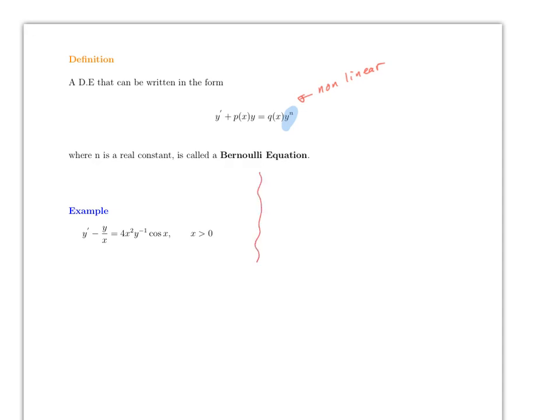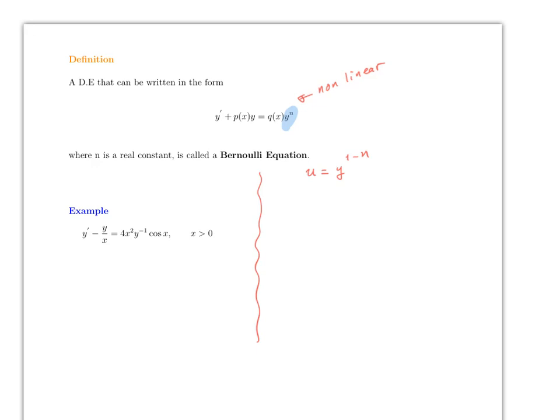So the substitution we're going to do is this. u is going to be the new variable. It's going to be equal to y to the 1 − n, where n will be whatever this value is. Now, I'm just going to give you the equation. It's a very good exercise to derive it from here.